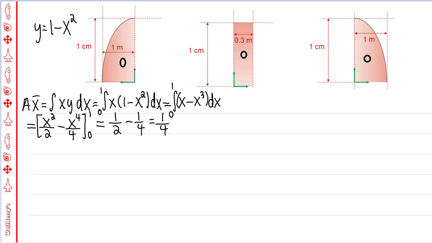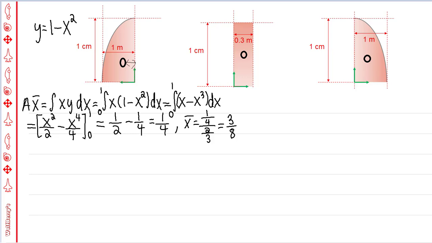So in the end, we can write this here, x bar is equal to 1 over 4 all divided by 2 over 3, which will give you an answer of 3 over 8. What that means is the location of the center of gravity is 3 over 8 from here. This is 3 over 8. This is x bar.